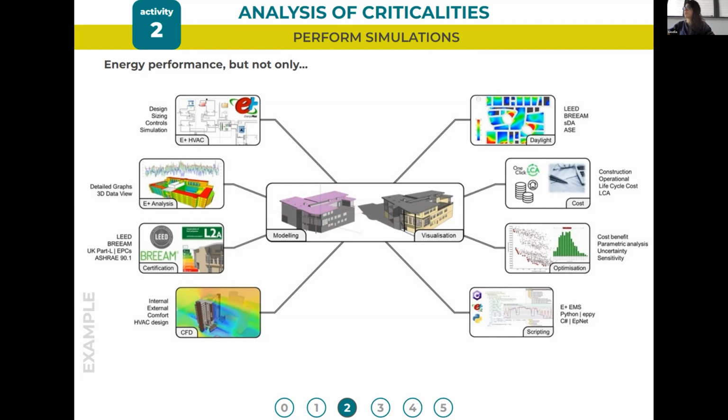It is for this reason that we will dedicate a special session to this kind of analysis.